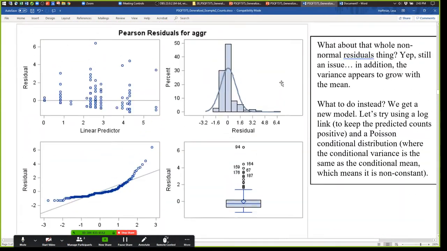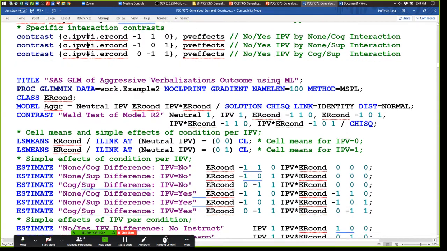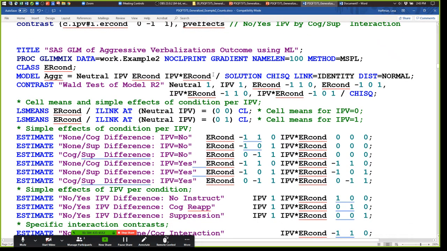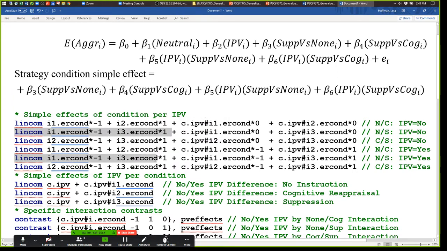Where were we? We're still decomposing the code here. Okay. So the other simple effects then, group 1 versus group 3. That's that and that. And then I turn it on if it is for IPV equals 1. Copy the same pattern because it's multiplied by 1, and IPV 0 is right here.